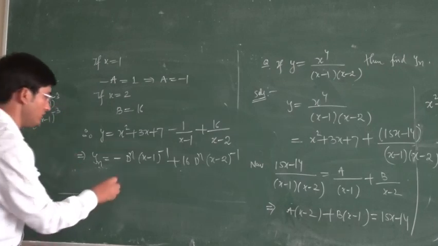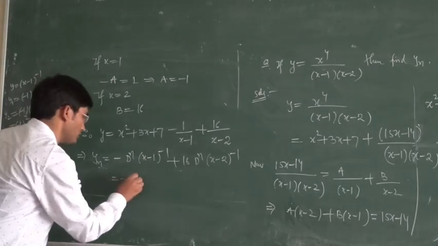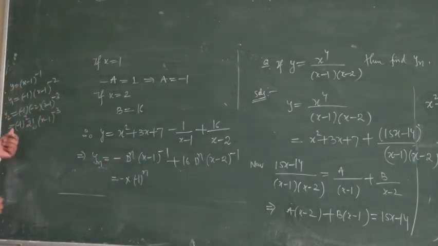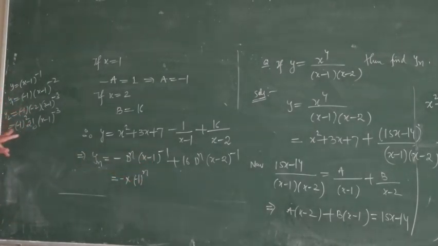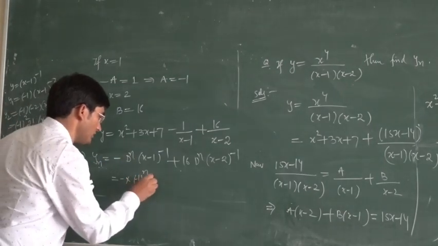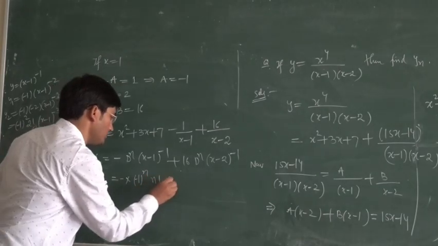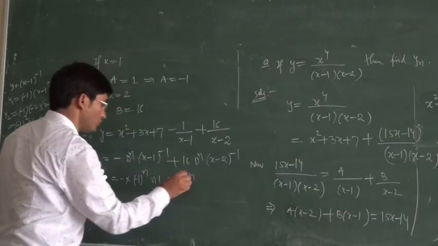The first order derivative is minus 1. For the second order derivative we have minus 1 square into factorial 2. So the nth order derivative will be minus 1 power n into factorial n into x minus 1 power minus n plus 1, which is 1 more than n.